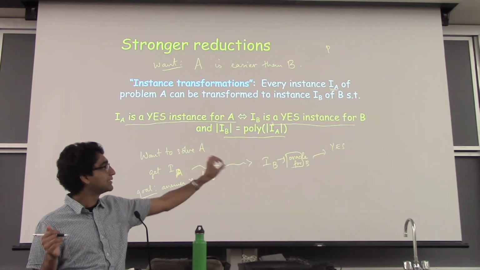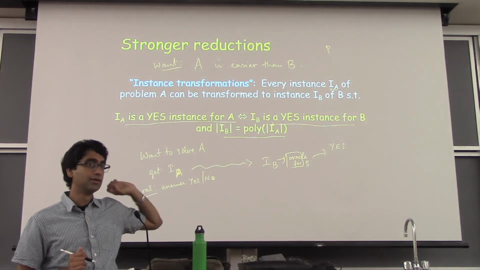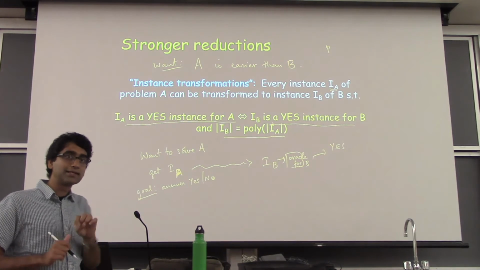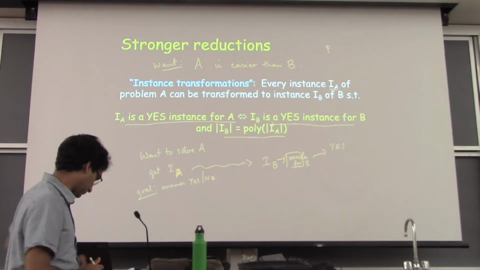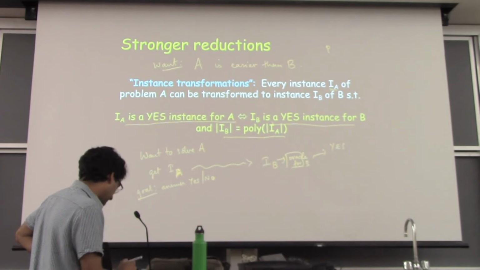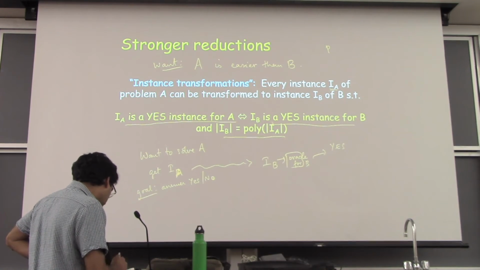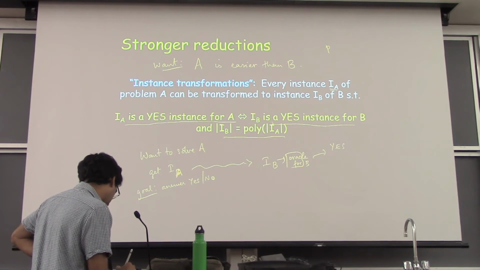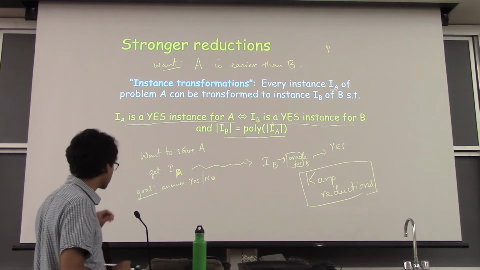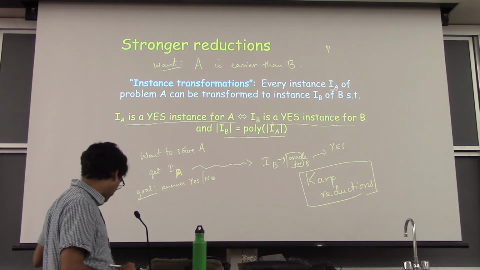So in that sense, these two notions of reduction are somewhat different. We'll illustrate this with an example. These are what are called Karp reductions, and they are called so because they were made famous in the seminal paper of Dick Karp.